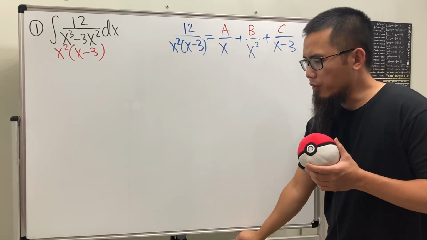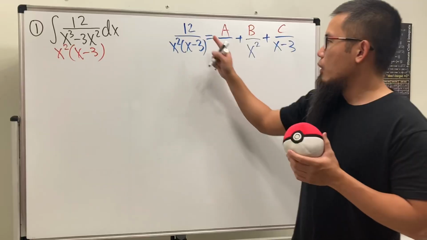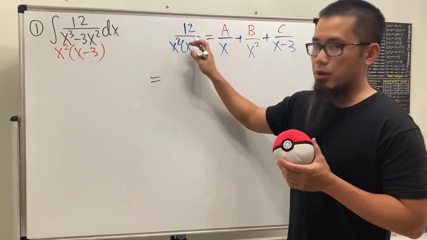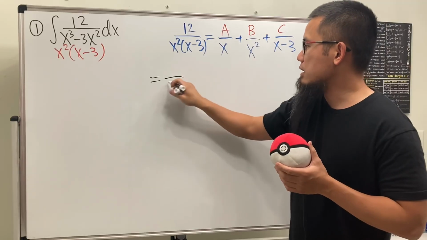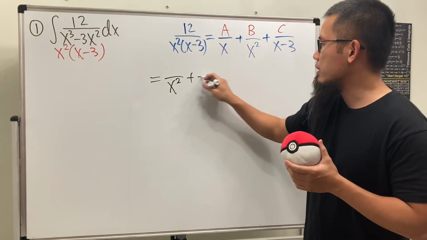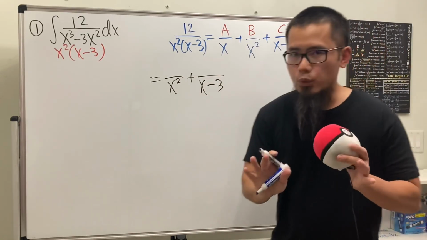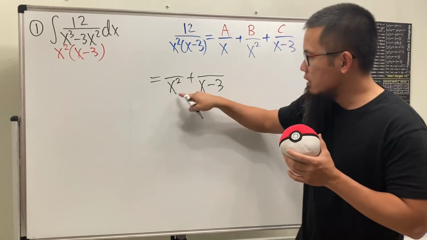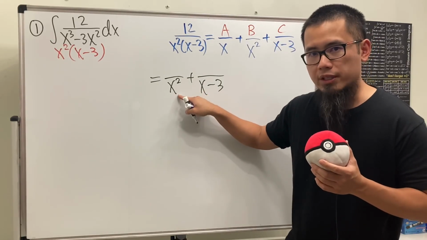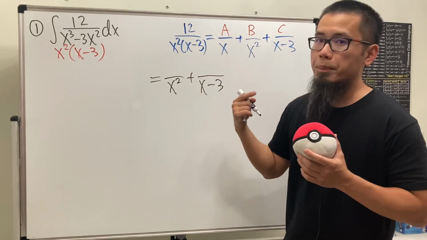And let me just go over why this is the case. Well, you can also break this apart as, if you don't want to build out the power, then you just put this down as x squared here, and then plus this right here is x minus 3. Again, we are not building out the power, right? If you don't want to. But if you don't want to do that, this right here, you have to look at it as a quadratic. That means the top should be a linear.